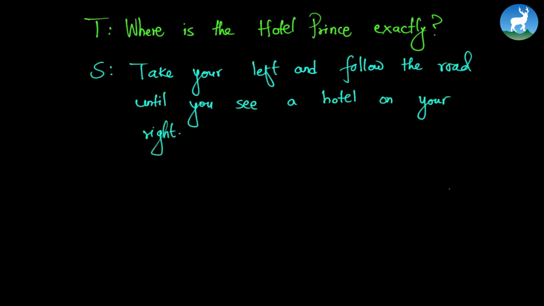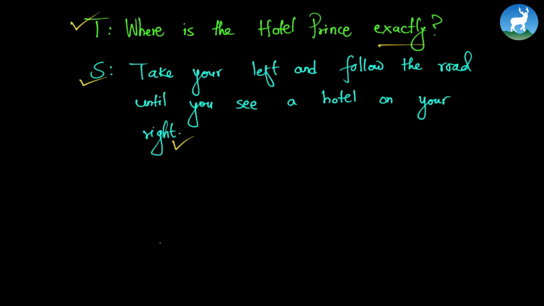Sometimes the directions could be complex. So the tourist asks, where is the Hotel Prince exactly? And the student replies, take your left and follow the road until you see a hotel on your right. It is not going to be easy like this one always. Sometimes asking for directions is going to be a tough job.